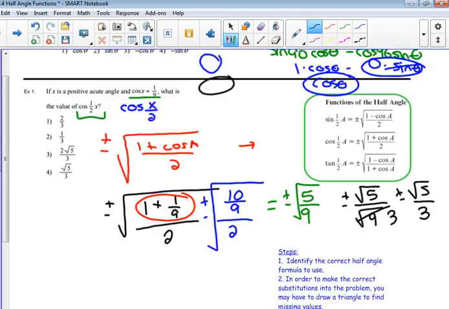Now, since they are telling you that you are at a positive acute angle, which quadrant are we in here? The first one, right? So if you're dealing with the cosine in the first quadrant, would I take the positive or negative part? Positive, good. So that's why it's just the positive root for your answer.